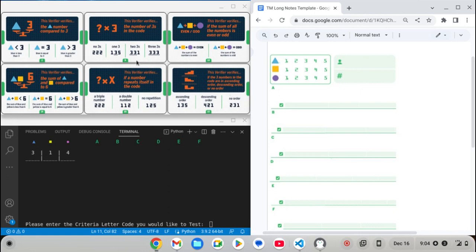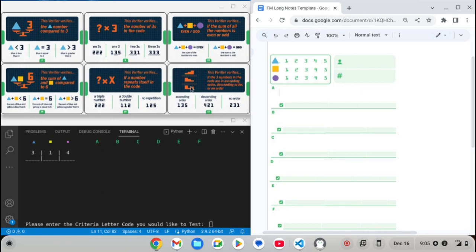So for example, if you take a look at the code 331, the fact that the 3s are equal and consecutive is an example of also a code exhibiting no order. And that's because when you go from 3 to 3, there is no increase or decrease. So for that fact, it exhibits no order.